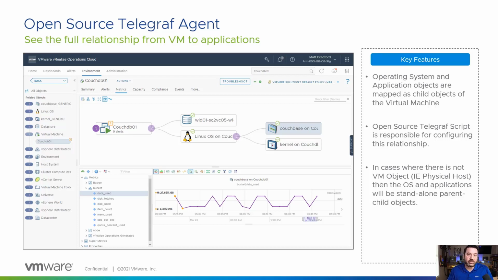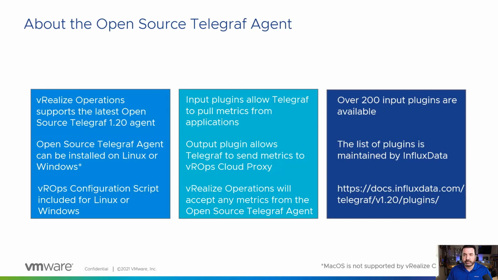You'll just have a guest OS object sitting in vRealize Operations, but then we can still go into the application, which is a child object of that, and so forth. So just want to call that out, that physical boxes will basically be standalone items within vRealize Operations. But the open source Telegraf Agent does give you a lot more flexibility as far as being able to monitor applications on physical servers. So just keep that in mind.